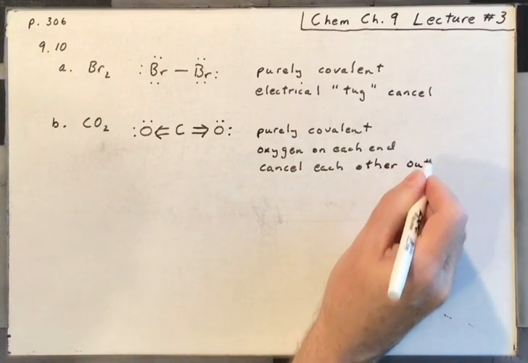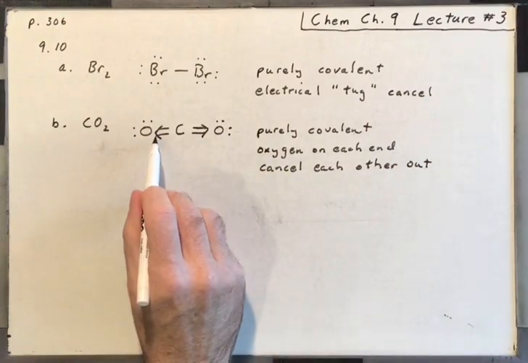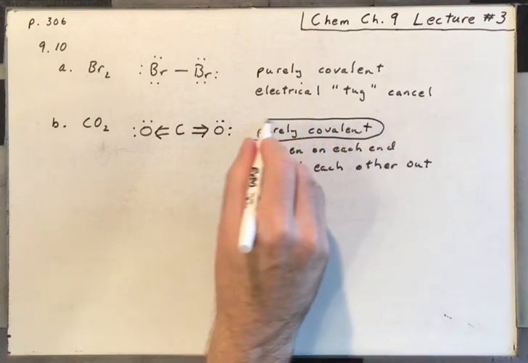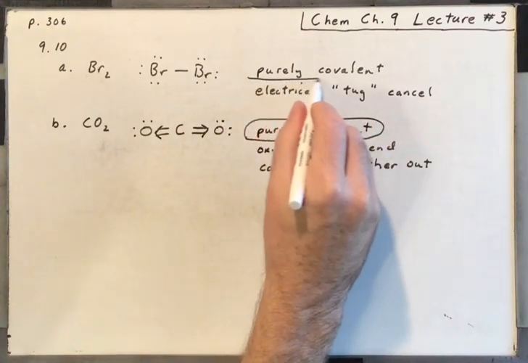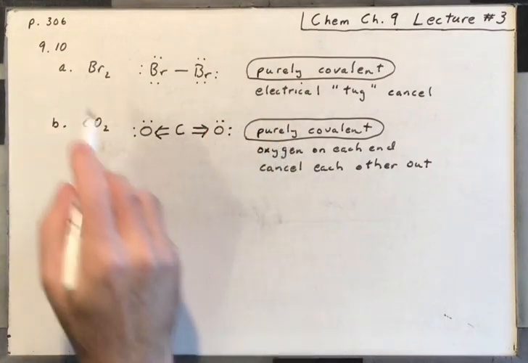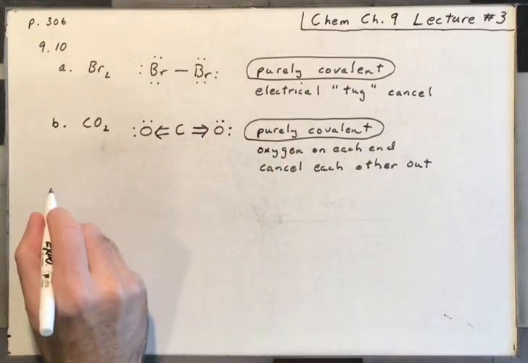So once again, that electronegativity tug of war ends in a tie, so that makes it purely covalent. Now, why are we figuring out whether it's purely covalent or polar covalent? You will see when we do 9.11.